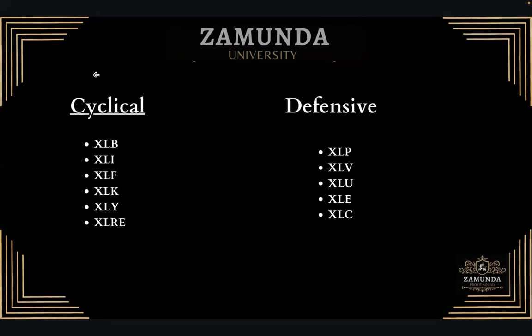Now, why does this make sense? For cyclicals, you have to think cyclical is highly dependent on the economy, right? So if we use an example for consumer discretionary, right? Consumer discretionary are non-essential goods. If the economy is not doing so well, you're probably not spending your money on things that you don't need, right?